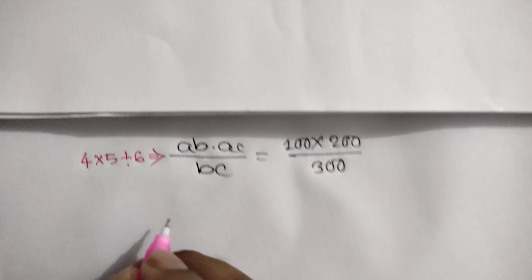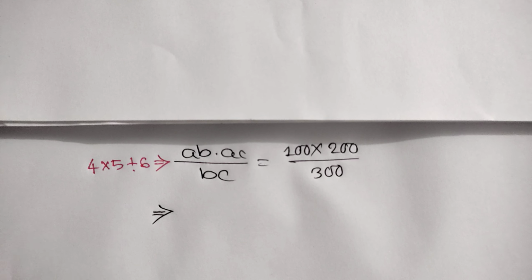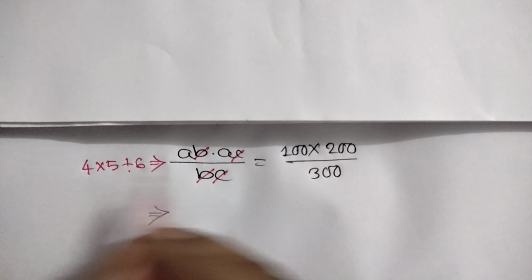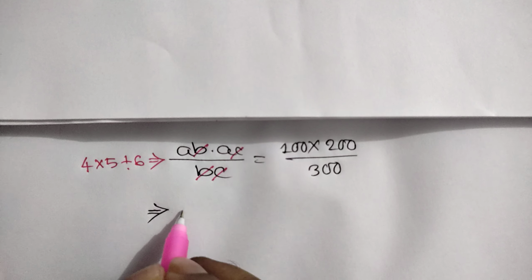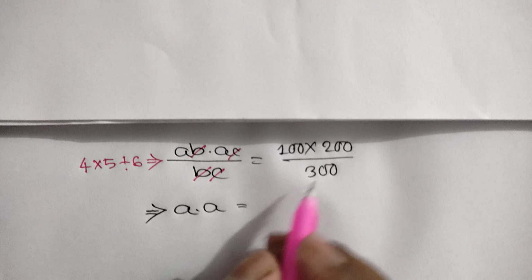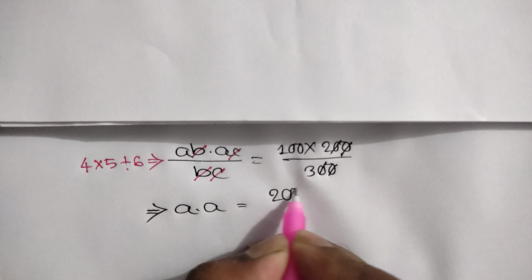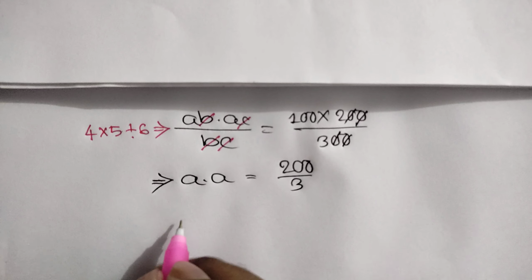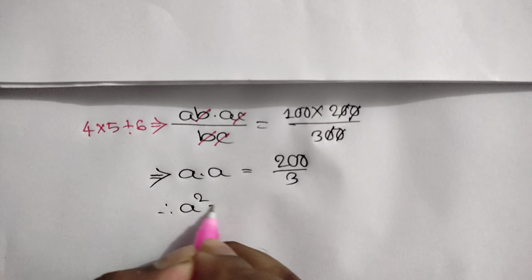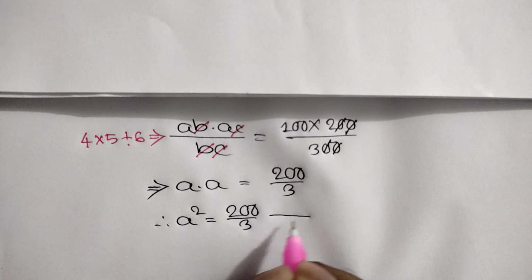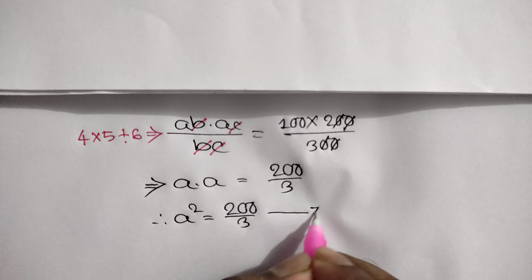Okay, or here B cancels out B and C cancels out C, so here we will get A times A is equal to 200 over 3. So we found A square is equal to 200 over 3, and it is called equation 7.